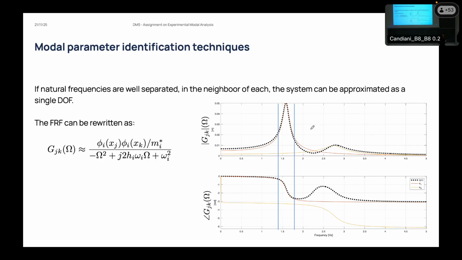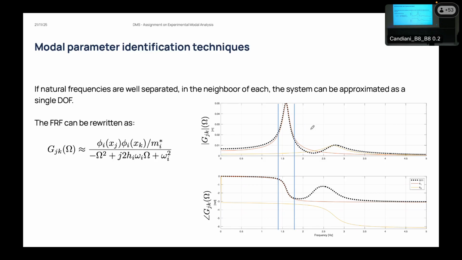In this case, if we are able to compute and to measure the frequency response function, what we can do is to focus on the behavior of the system in the neighborhood of a resonant frequency and relate the behavior of the system to the modal parameters of the resonant mode.